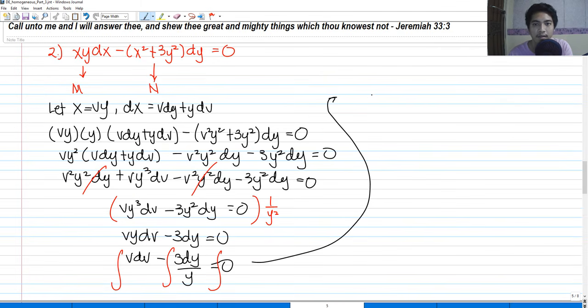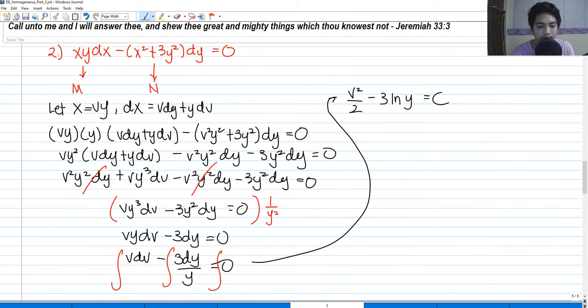We have v squared all over 2, and I can factor out the 3 outside the integral sign, so it becomes minus 3 integral of dy all over y. So that becomes 3 ln of y equals c.